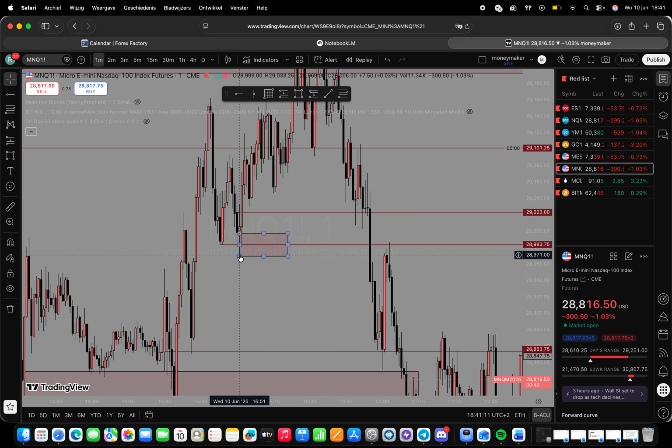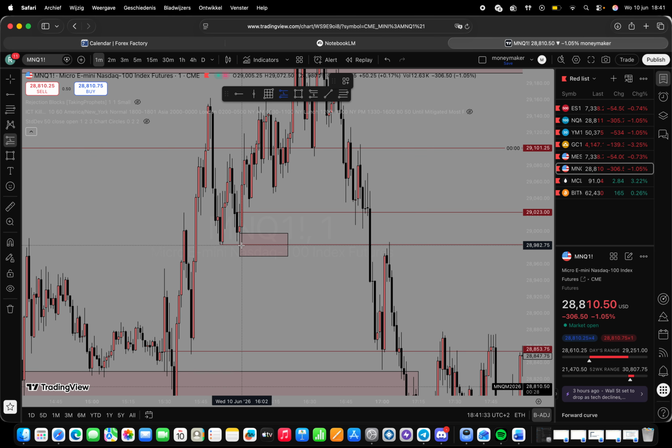In order to make it a rejection block, we need to sweep some form of liquidity or tap into a PD array and close in the other direction, aka in the direction we want to take our trade. So that's perfectly what price did. We opened, and 1 minute right after we made our rejection block.